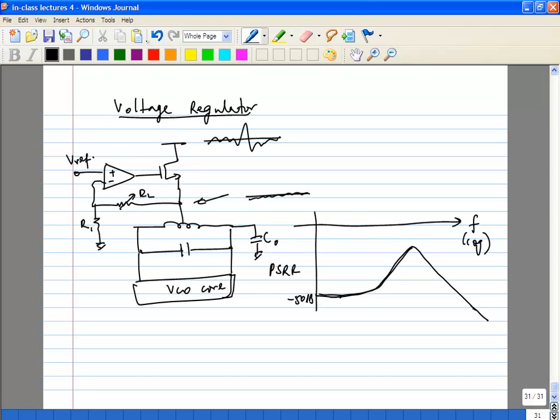I don't think I went through it last week, but it's there in the notes. If you have a very small frequency FM here, you can find out what component of it goes through here. If I redraw this capacitor, if you have a very slow moving wave here, so this is constant, this is varying, effectively your control voltage is going to be varying at a very slow rate.